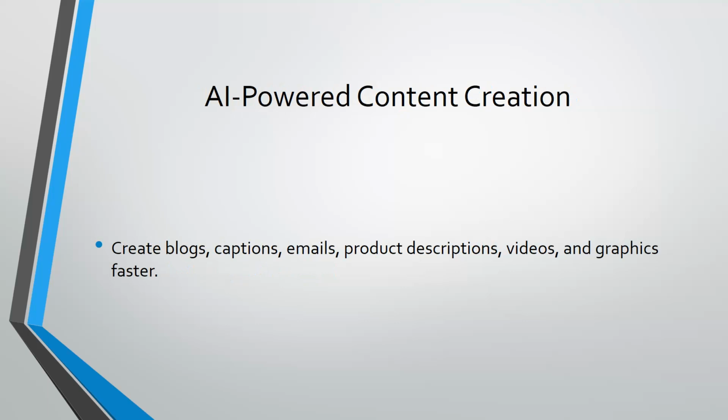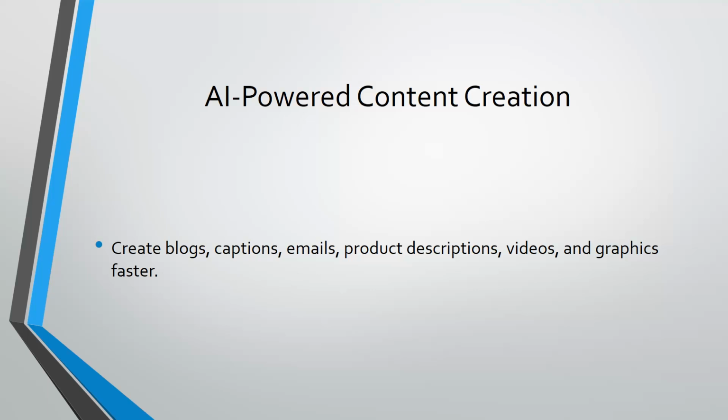AI-powered content creation. When you use AI to create content for your blog, because now you have already designed and developed your website or a blog or portfolio, you can create contents using, again, the same AI tools: captions, emails, product descriptions, videos, and graphics.